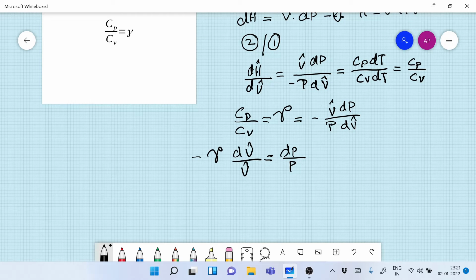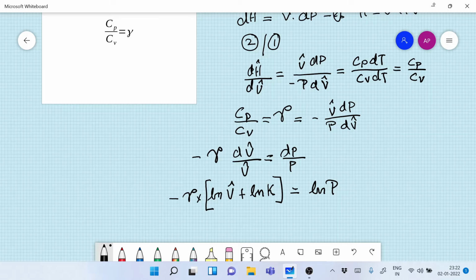Therefore, we get minus gamma into ln V plus ln K is equal to ln P. Well, we can write the constant on both the sides. I would prefer writing the constant on the RHS.